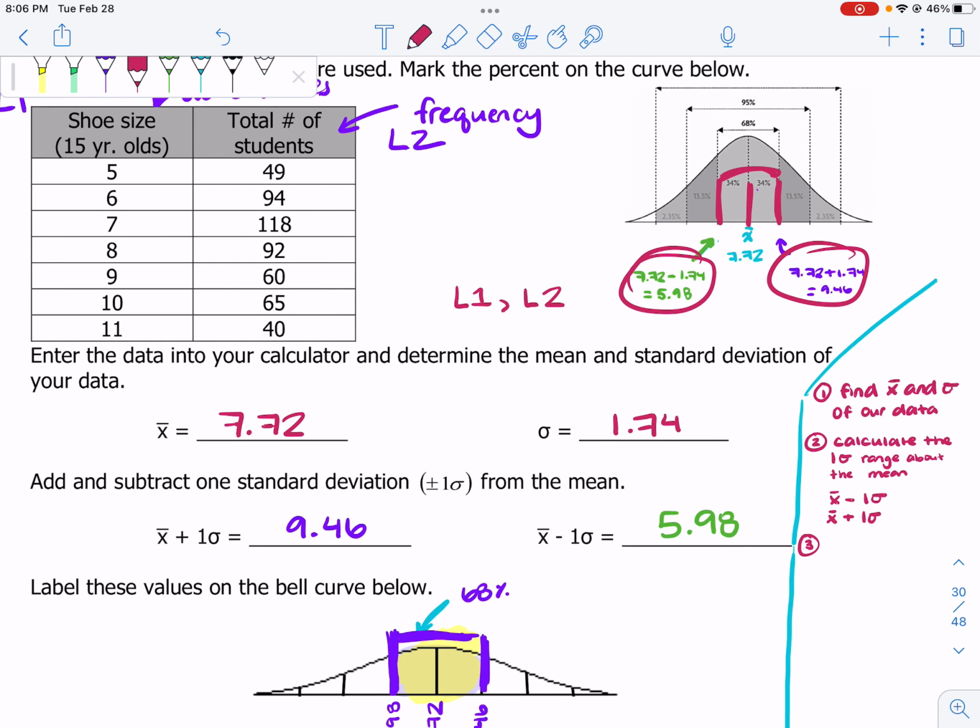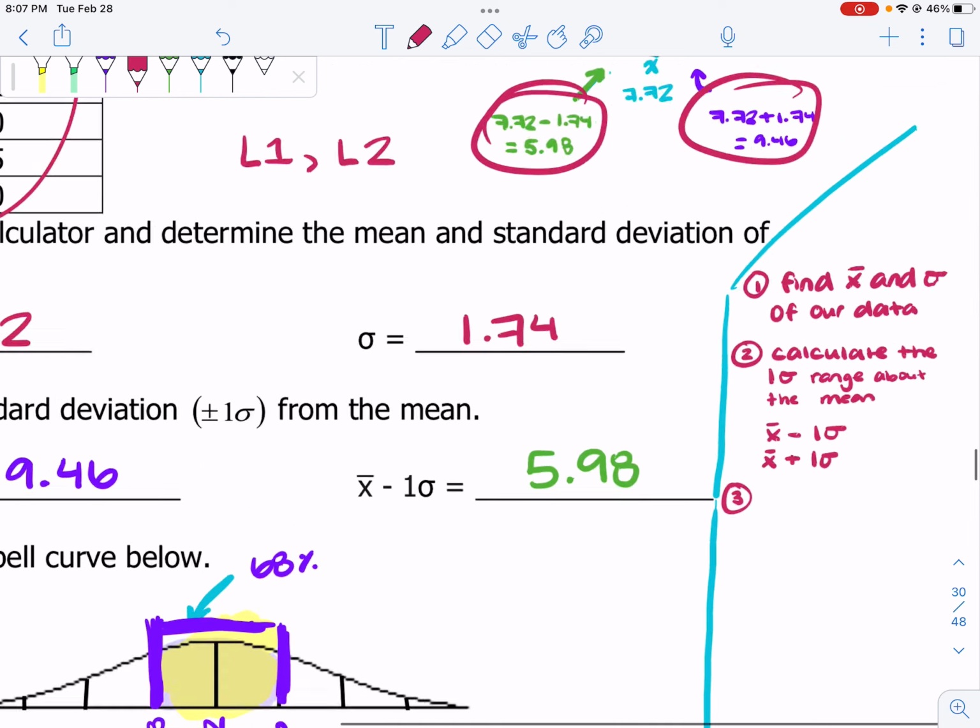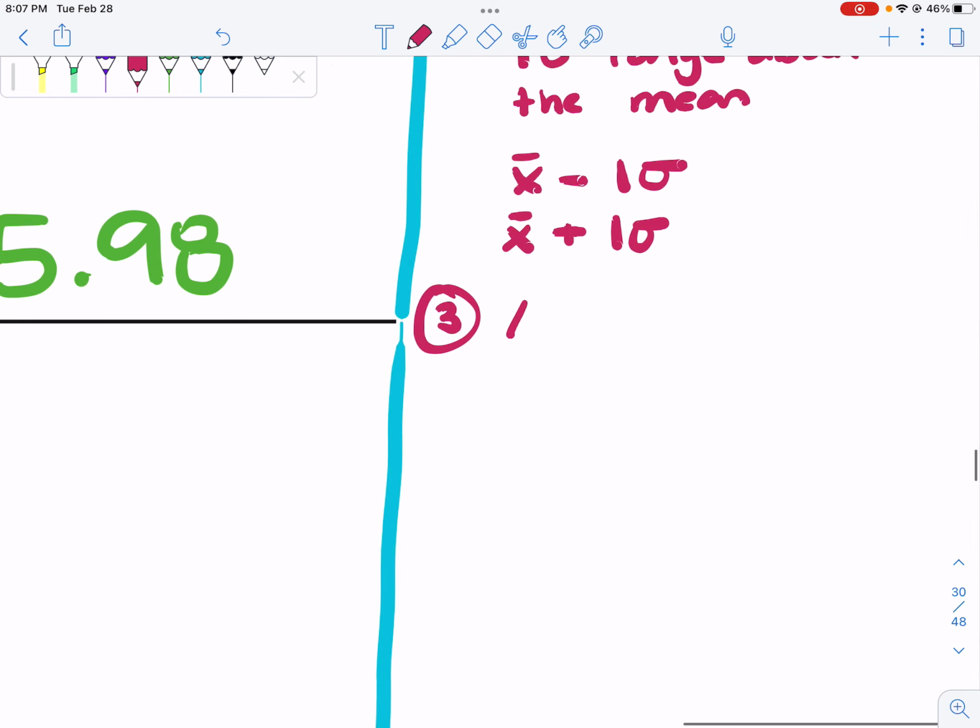And how we do that is we add all of our frequencies together, not the data values, the frequencies, how many people have responded to each number, and add those values together to determine how many people we have surveyed in total.